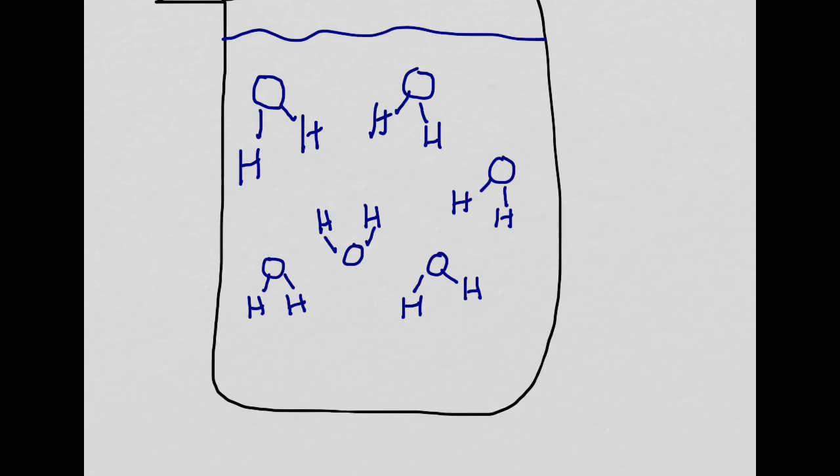So you find that these guys have charges. The oxygens are partial negative, the hydrogens are partial positive. Now you know that they are partial, they're not full charges. So this is just a beaker of water sitting there, and you see a whole bunch of positives and negatives.